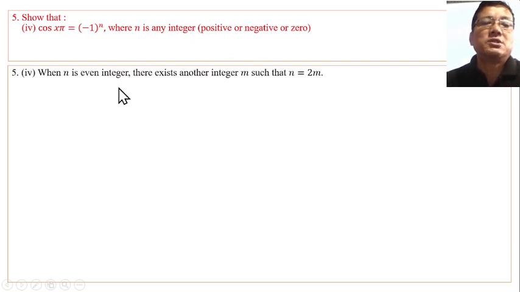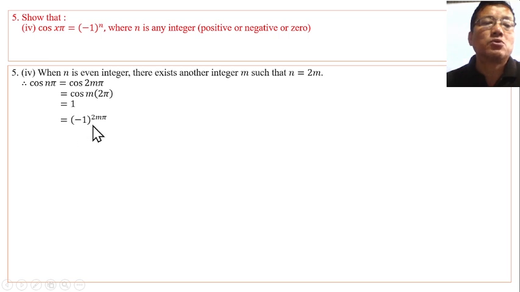When n is an even integer, there is another integer m such that n equals twice m. Even integers can be written like any other integer as twice m, so the cos of nx becomes cos of twice m pi. Twice pi is a complete revolution, so m times twice pi, the cos of that is 1.